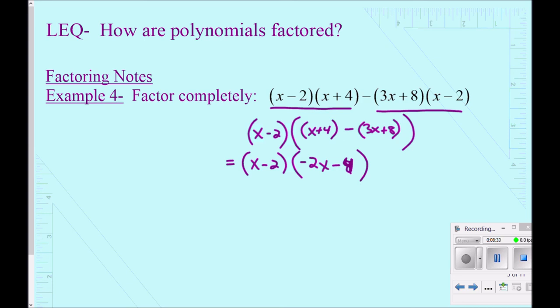Now I have to check to see if that factors any further. The x minus 2 doesn't, but the negative 2x minus 4 does. I can pull out a negative 2, so negative 2 times x plus 2. I can double check that: negative 2 times x is negative 2x, and negative 2 times positive 2 is negative 4. That's correct. Now you can either leave it that way, or generally we put the number in the front.